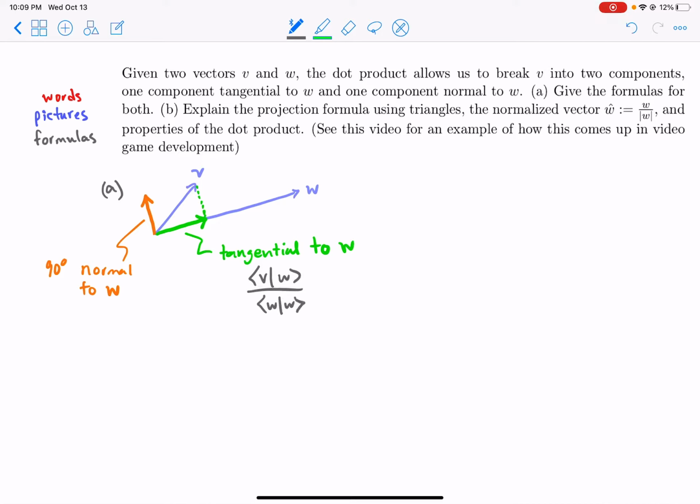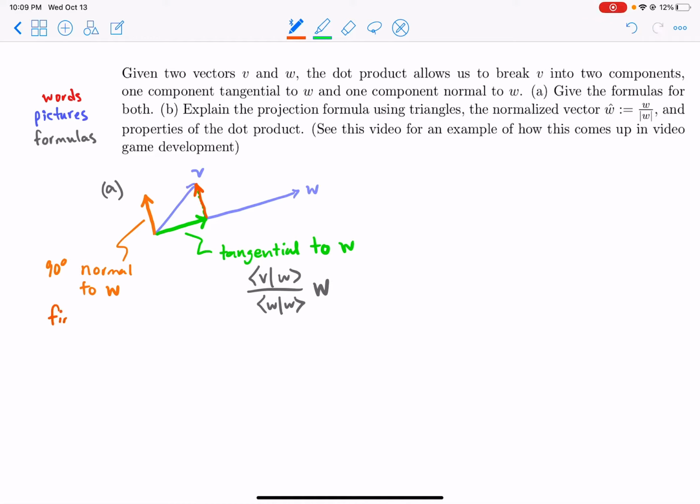for projecting v onto the direction of w. So you see here that this is a number, this is a number, this is a vector. And so it's some amount of w, which means it's somewhere along w. In fact, it's this green vector. Okay. And the other one, well, if we draw the orange one up here, then it's final minus initial.